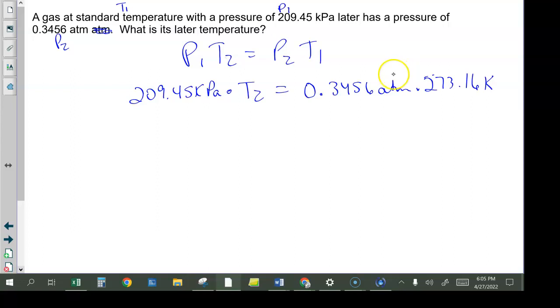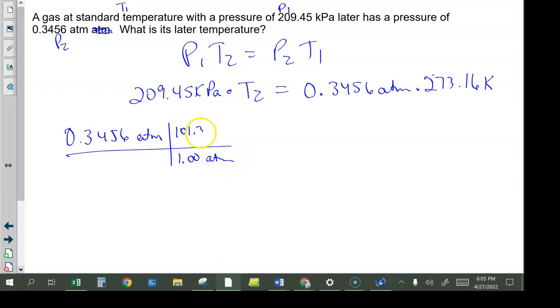So what do I have 2 of? I have 2 pressures, but they're not in the same unit, so I'm going to convert one to the other. Doesn't matter which direction you go. I am choosing to convert from atm to kPa. We know that there are 101.325 kPa per every 1 atmosphere, so atmospheres cancel.